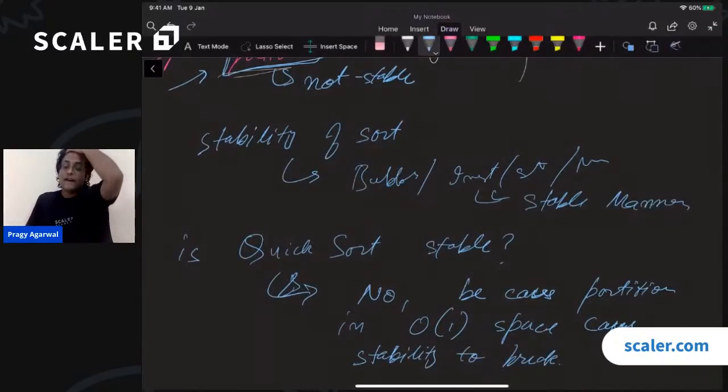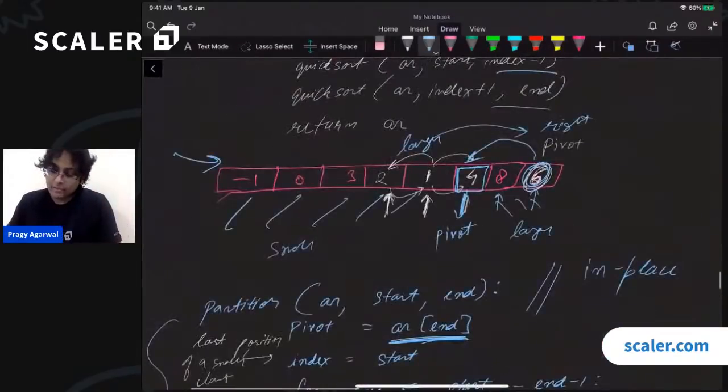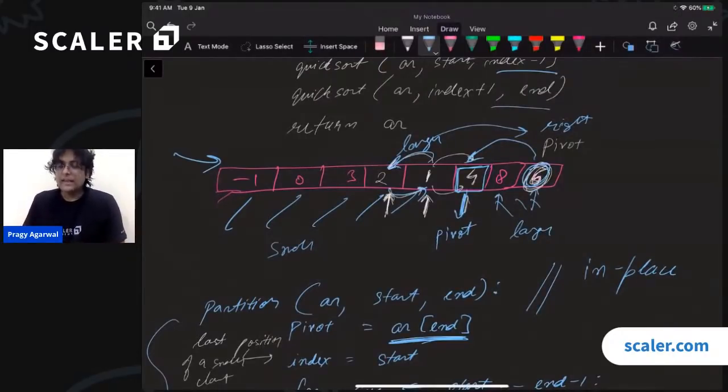Why is it not stable? For that, we will have to analyze the partition algorithm. Notice that in the partition algorithm, we are swapping elements a lot. It could totally be the case that there was a 2 over here and a 2 over here, and these 2's get swapped.